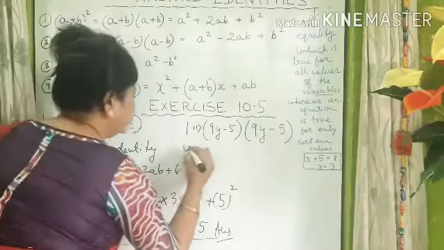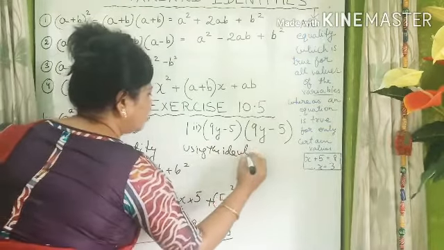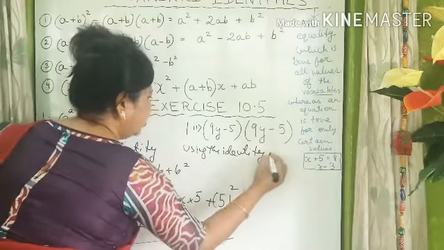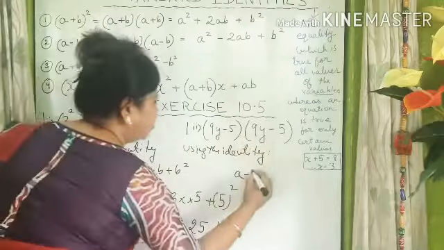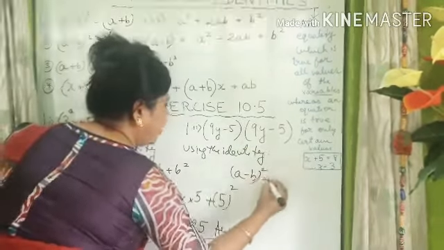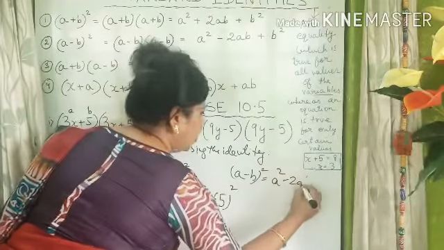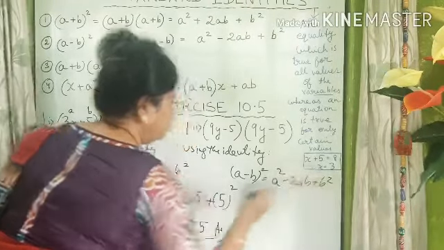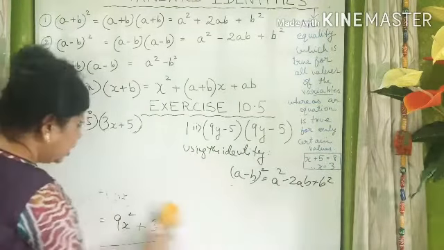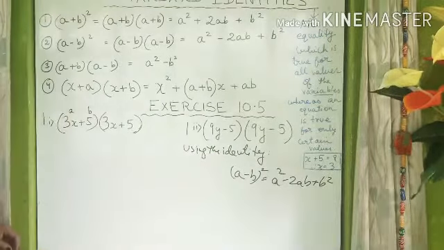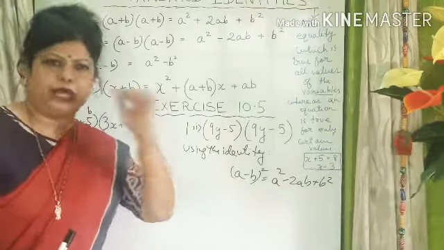Which identity am I using? Using the identity (a - b) into (a - b), that means (a - b) whole square, and (a - b) whole square equals a square minus 2ab plus b square. So now I have to solve it with that particular identity, that is a square minus 2ab plus b square.